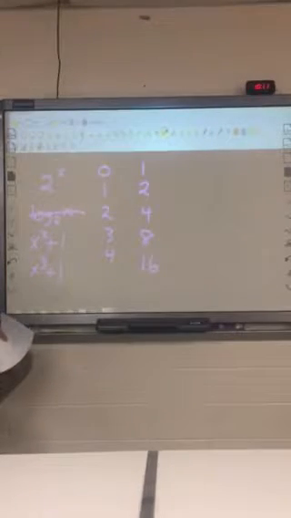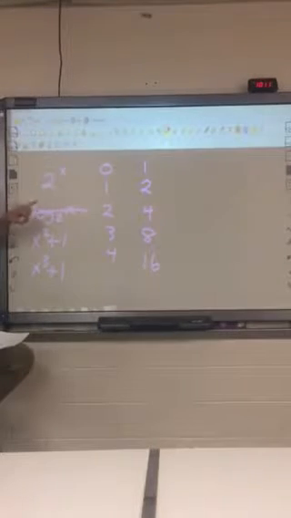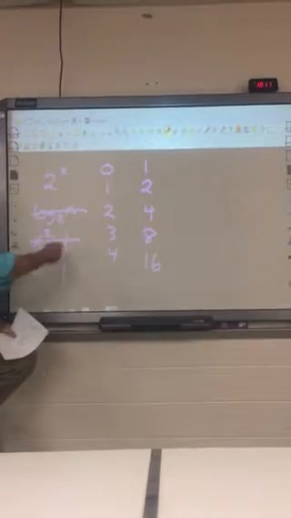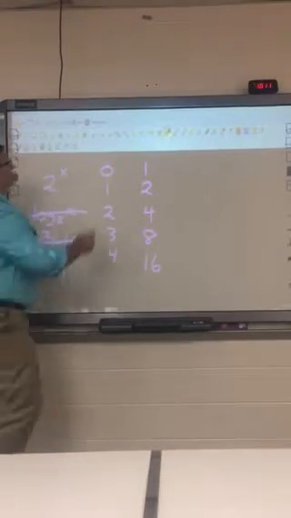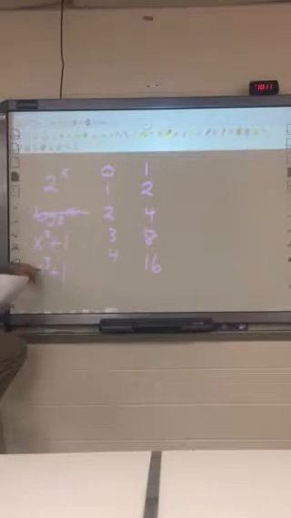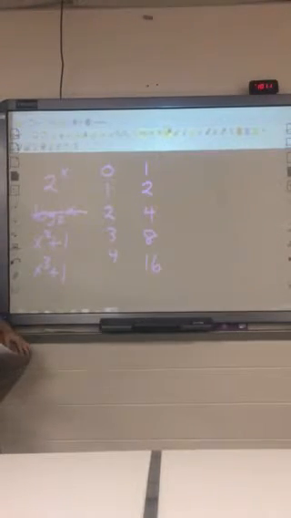But all the other ones work if I plug 0 in. It's when I start plugging in 1 that things change. Actually, those still work with 1.